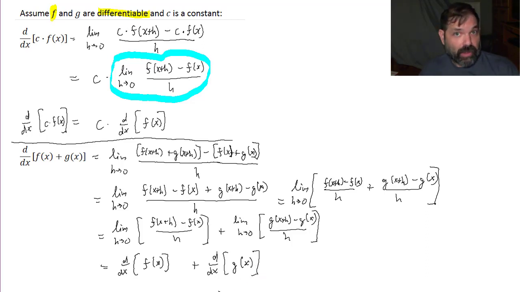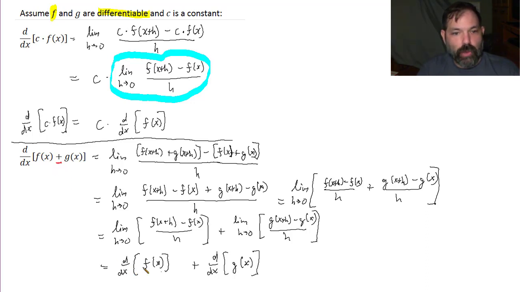So, what is this telling us? If we're adding functions that are differentiable and want to calculate the derivative, we can calculate the derivatives term-wise. We don't have to think of this as one big function. We can break it up into terms. And the same thing works if instead of an addition, it were a subtraction.